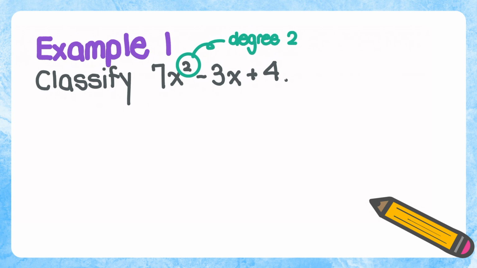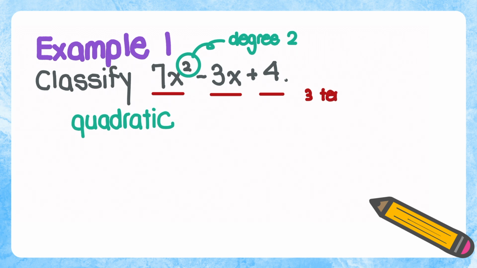That means it's a quadratic. Now let's look at the number of terms. There are 1, 2, 3 terms. That makes this a trinomial. So this is classified as a quadratic trinomial.